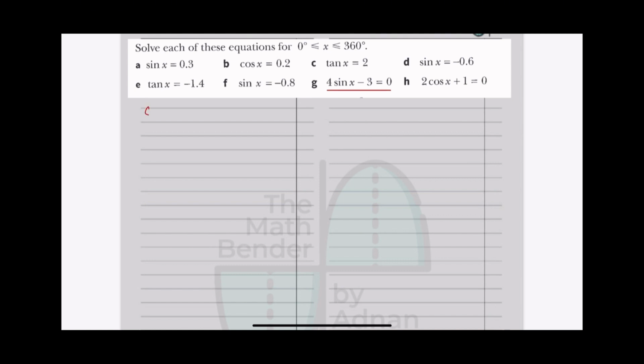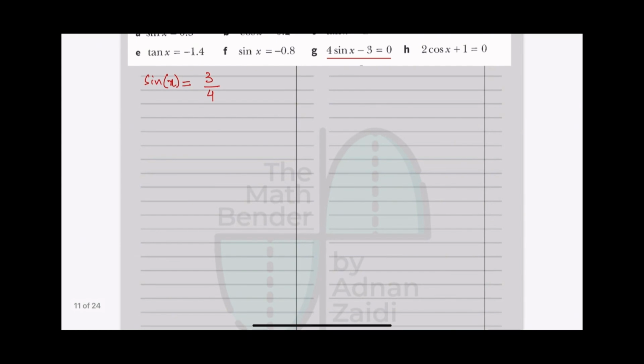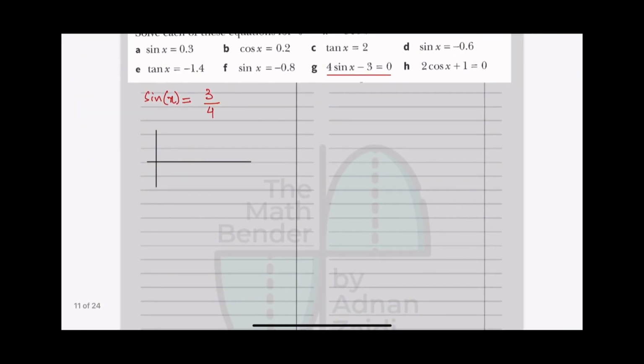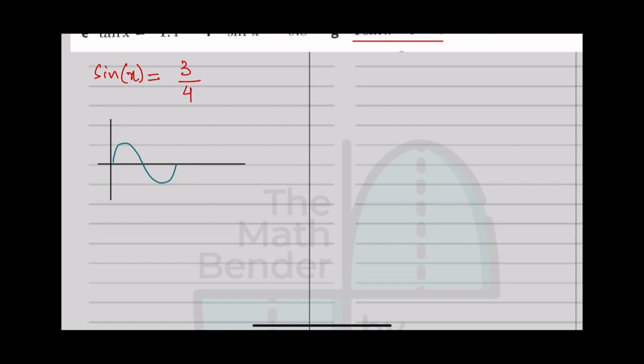So I'll say that sine of x is equal to 3 over 4. Now let's sketch the curve from 0 to 360. So if I sketch sine of x, something like this, where this is 360, 180, and 0.